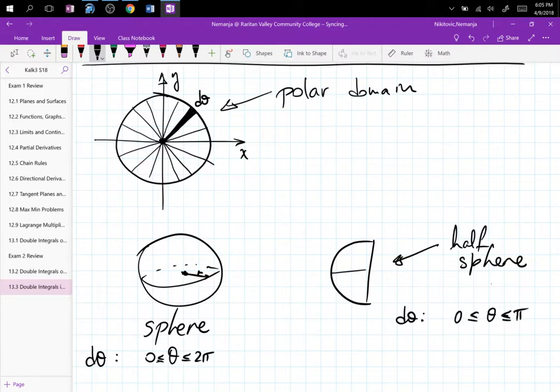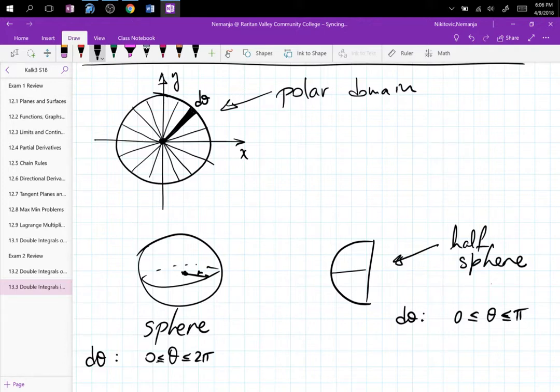So we will have to focus on the domain and figure out things in there. Now we're also going to have dr, which is how far out you are going along d theta.